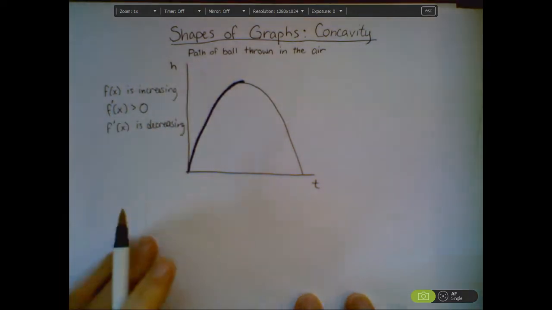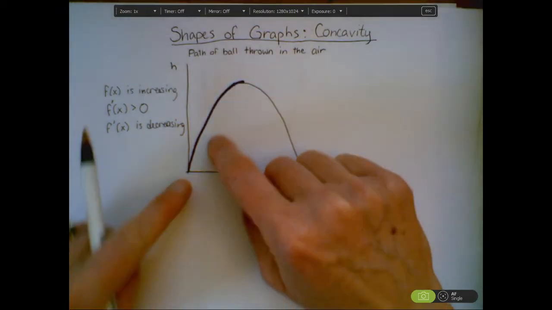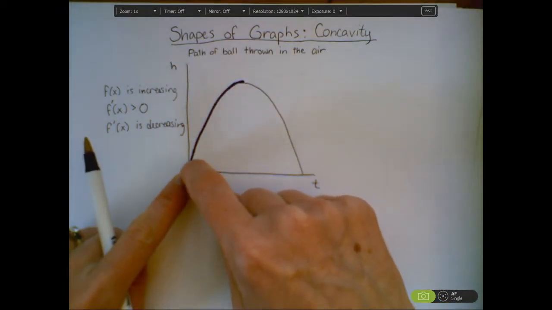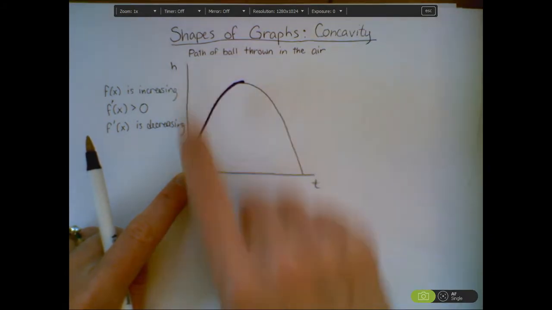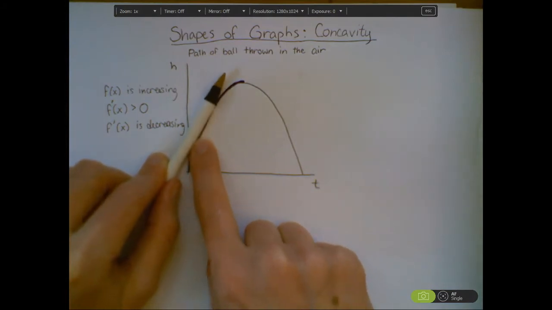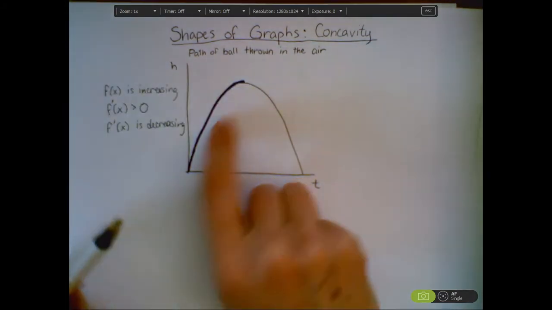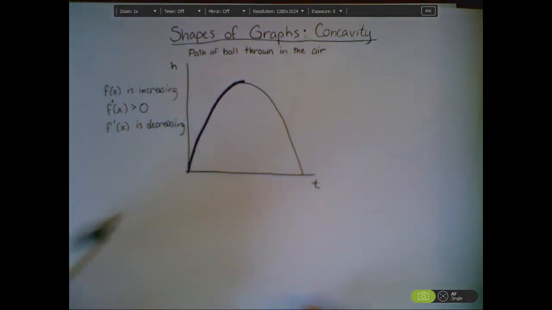And that has nothing to do with the height of the graph, right? That the ball is getting higher and higher in the air. That's different than saying that the rate at which the ball is increasing in height is decreasing, right? The rate of change is decreasing as time elapses.